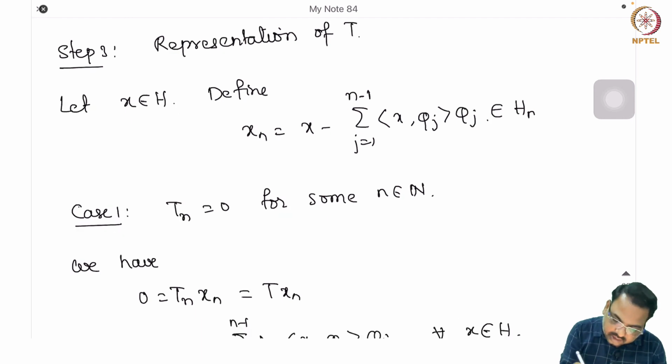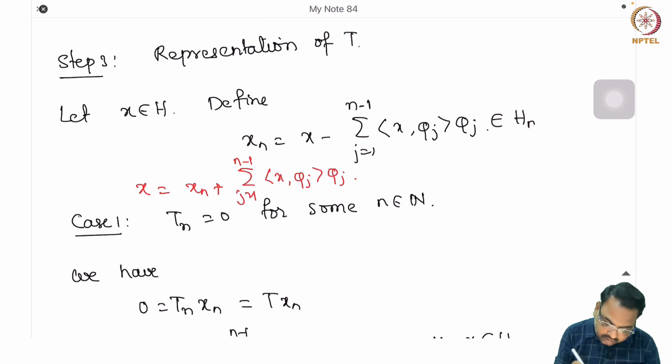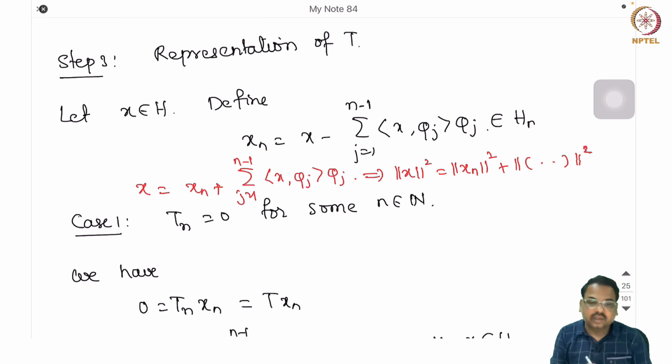Now if you look at xn, x can be written as xn plus summation j equal to 1 to n minus 1 inner product x phi j multiplied by phi j. Because xn is orthogonal to each phi j for j equal to 1 to n minus 1, we have norm x square is norm xn square plus norm of the second term square. So hence we can say that norm xn square is less than or equal to norm x square.